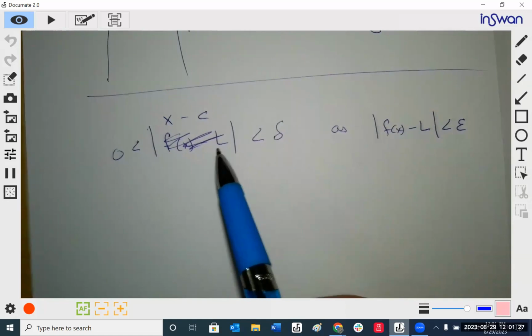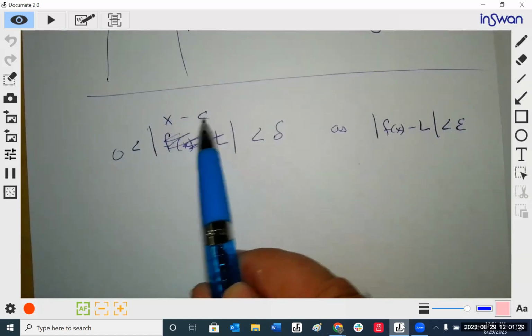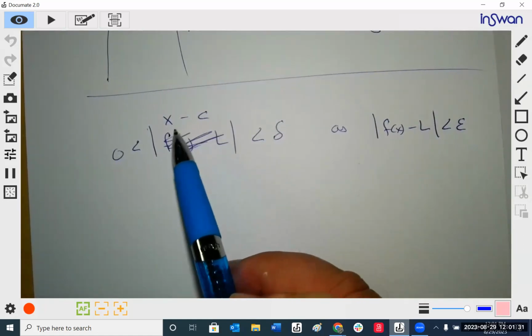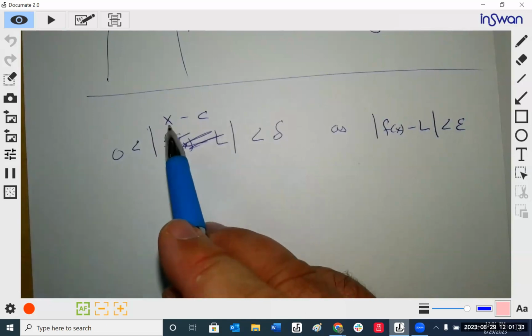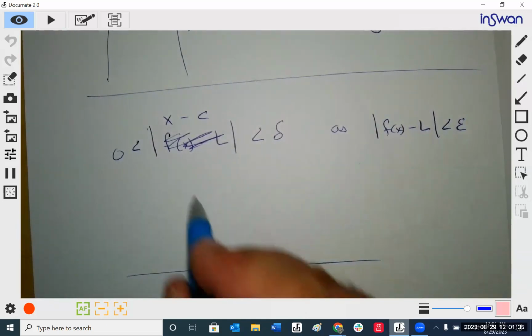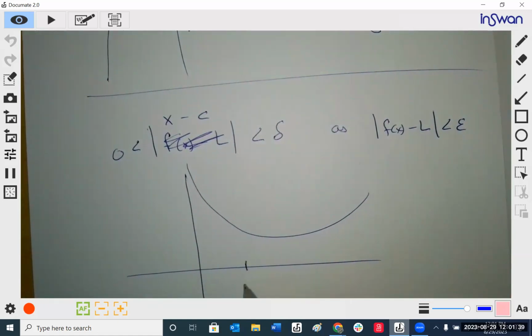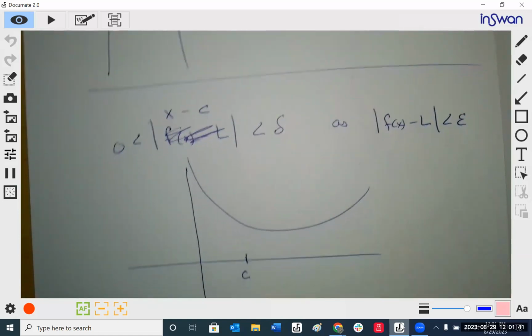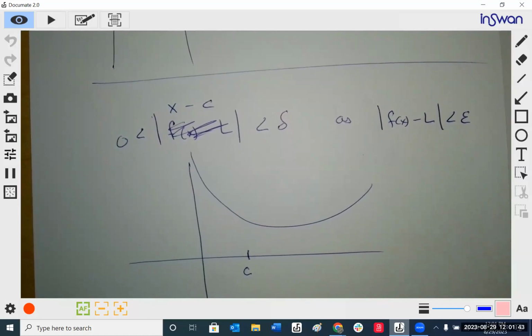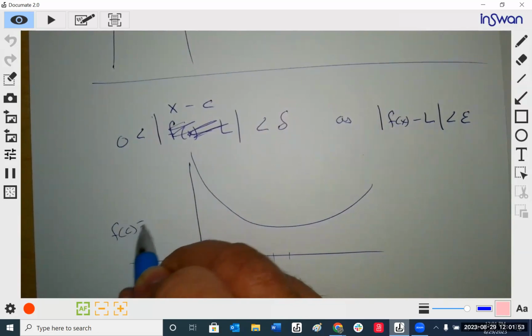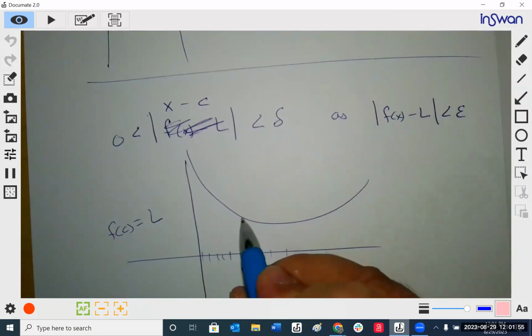What this one's saying is, as x and c get close to each other, first off, what is x? We had a curve. The c is the value we want to get to. The x's are on this axis. Once we put the function at c, we get the limit.